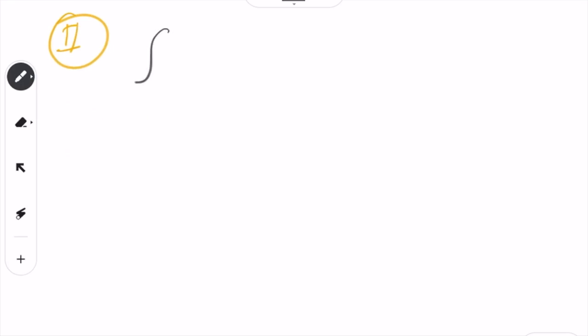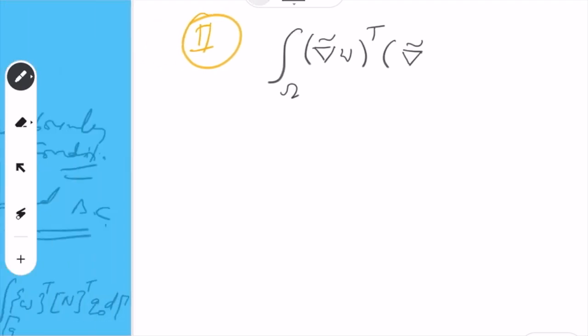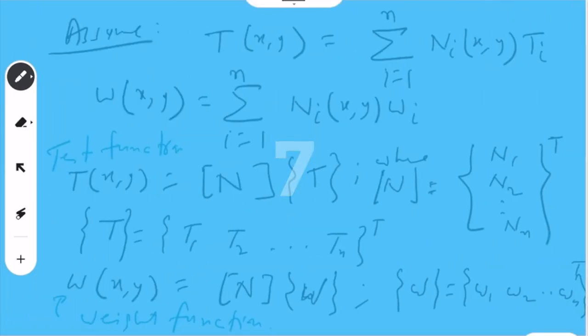So 0, integrated over omega, and we have del tilde w, and then we have this transpose, and then we have del tilde T, and k.